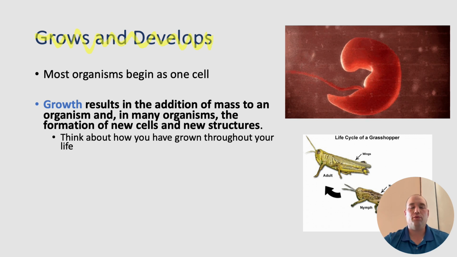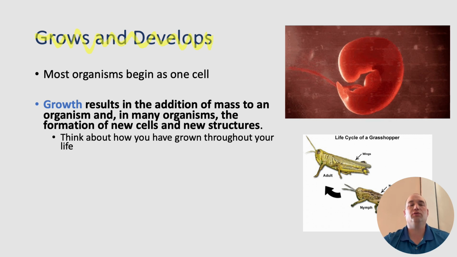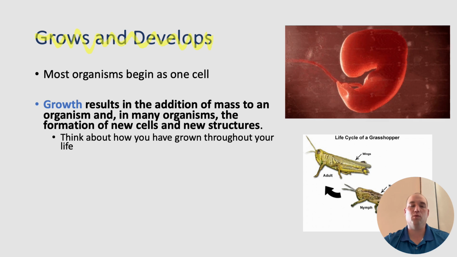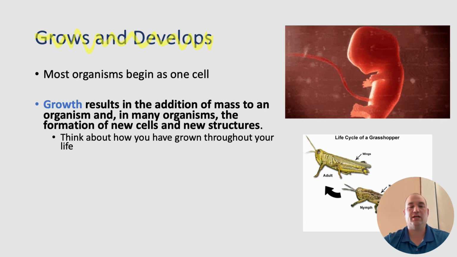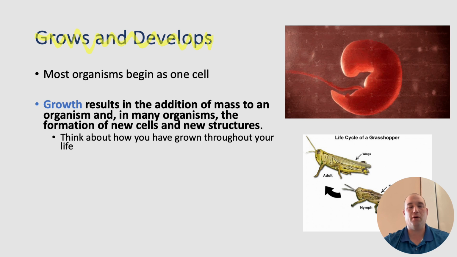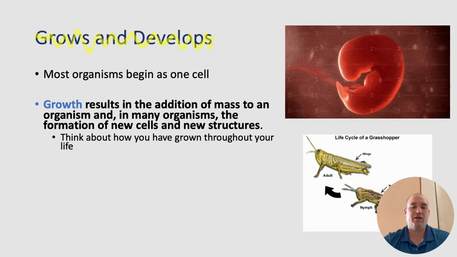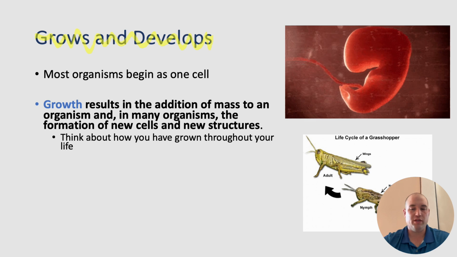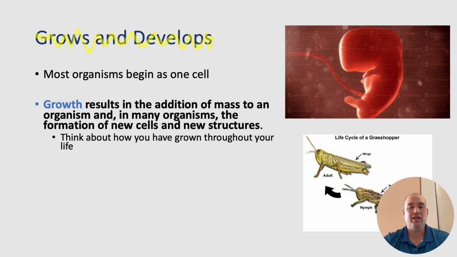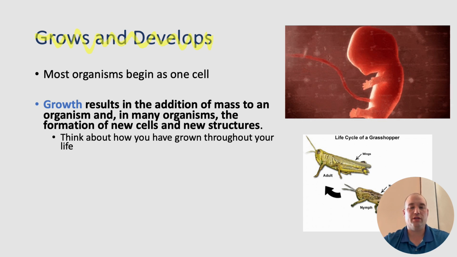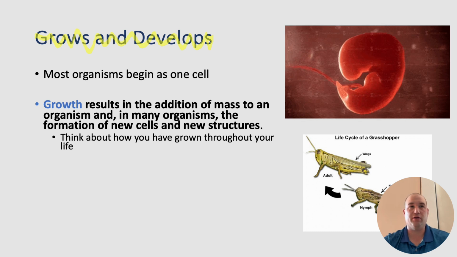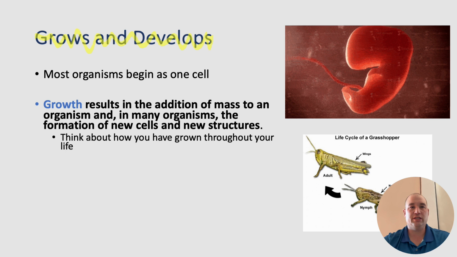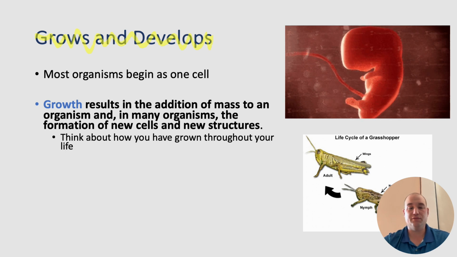Growth results in the addition of mass to an organism, and in many organisms, the formation of new cells and new structures continues. Okay? Even you started out as one cell, and even as you are speaking, you're continually making more and more cells to replace the cells you already have. You go from one cell to billions of cells in a relatively quick amount of time.